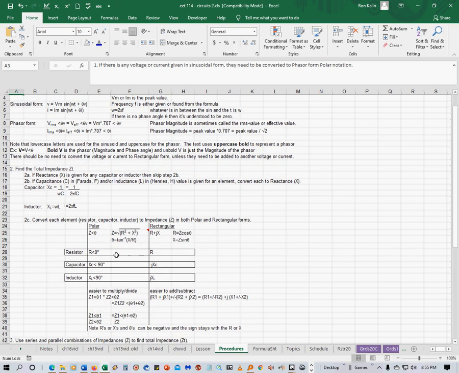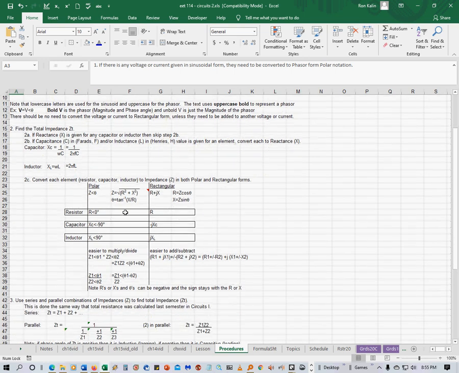You have to convert each individual element into its polar or rectangular form, and then you would sum them together. It's easier to add and subtract in rectangular, and it's easier to multiply and divide in polar.